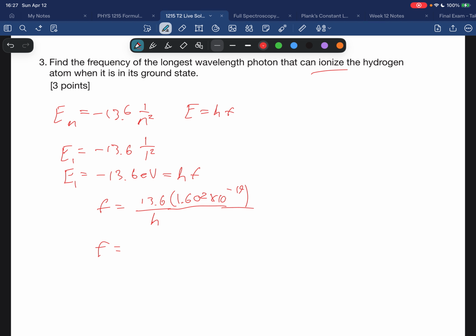So, plugging in everything, I get about 3.288, I'll round it off there, times 10 to the 15 hertz, so about 3.3. I don't know why I put a negative here.